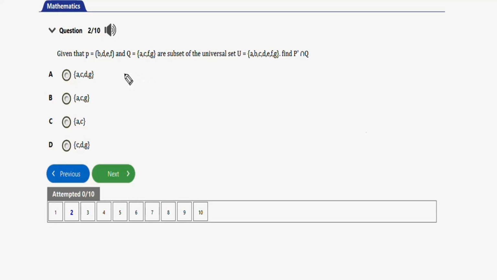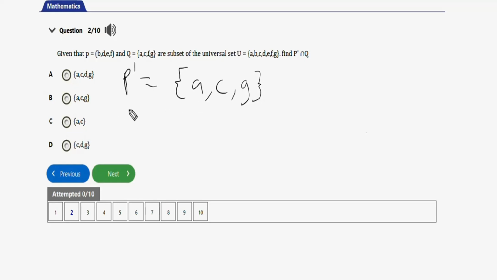P complement will be the elements in the universal set that are not in set P. We have A in the universal set, there is no A in P, so A is in the complement. There is B here and B here, so no. There is C, there is no C in P, so C is in. There is D in both, E in both, F in both. There is G, and there is no G in P. So this gives you P complement.